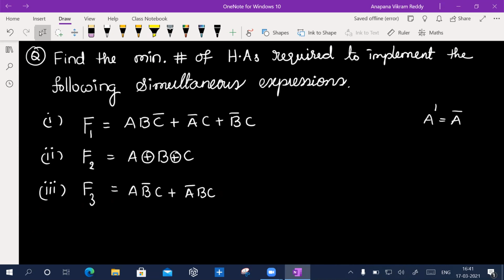Any guesses? Any quick thinker? It's not about being a quick or a sluggish thinker. You must be a good thinker. With practice, you become a quick thinker. There is no big deal in that.